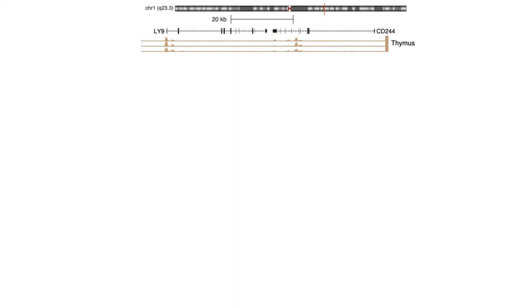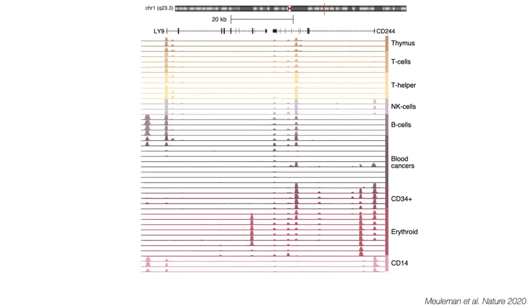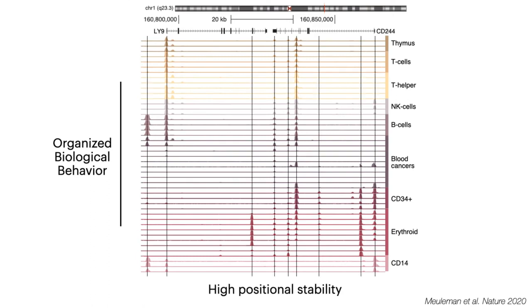But if we expand this range now of cell types sampled across a wide range of hematopoietic cell types and tissues, we see the following. First of all, we see that there is organized biological behavior and that there's very high positional stability of the elements.